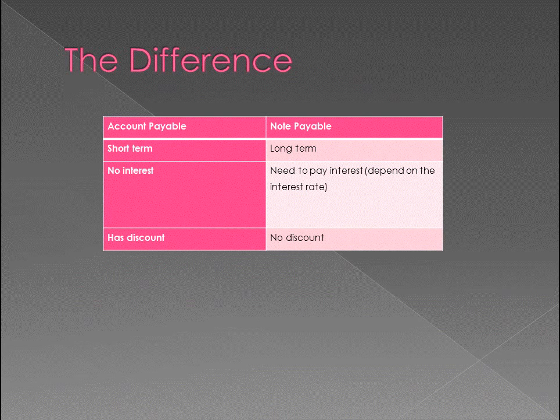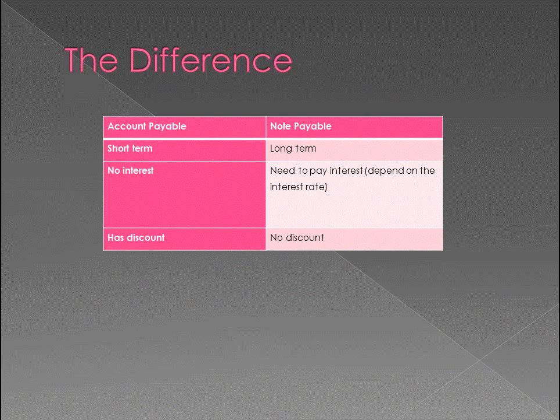A note payable is a written agreement between a lender and the borrower. Borrowing funds by signing a note payable adds an asset to the accounting books of the company. The asset is the actual cash they have received.